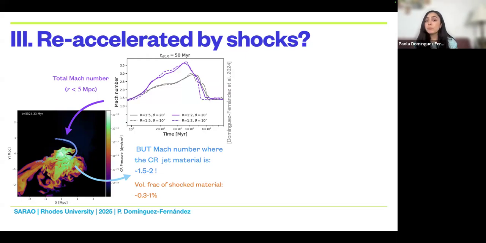It's of the order of 1.5 to 2. So in this case, we concluded that it will not necessarily be a large contribution if these electrons are accelerated by shocks.